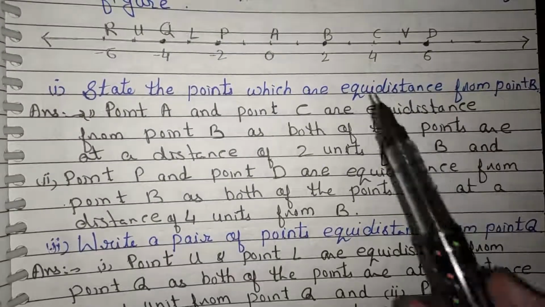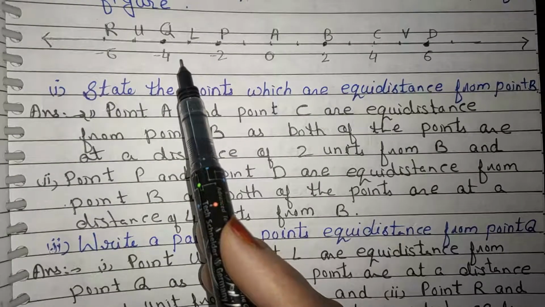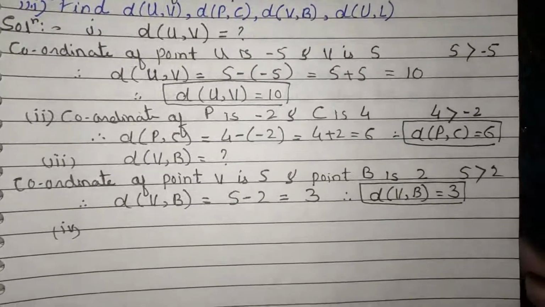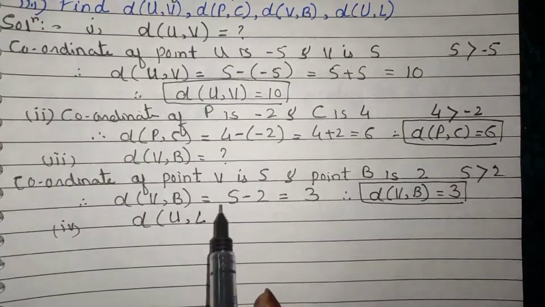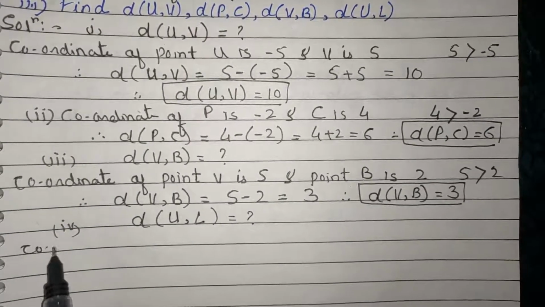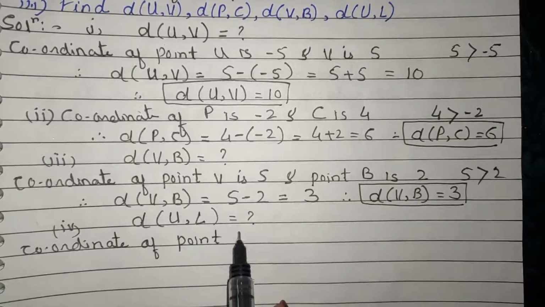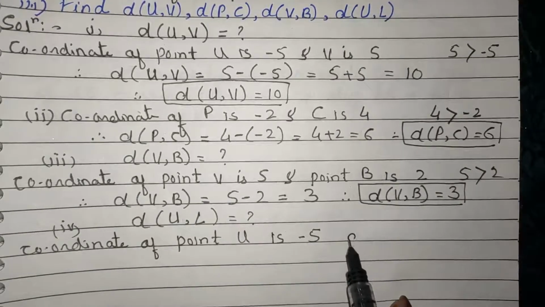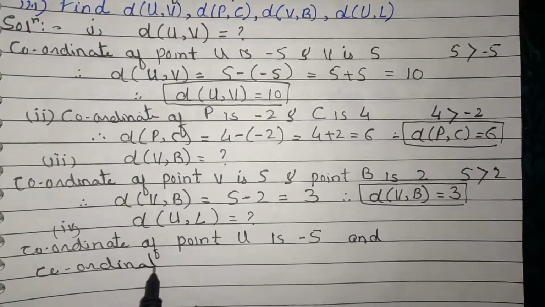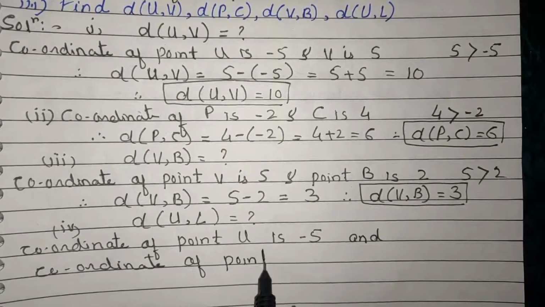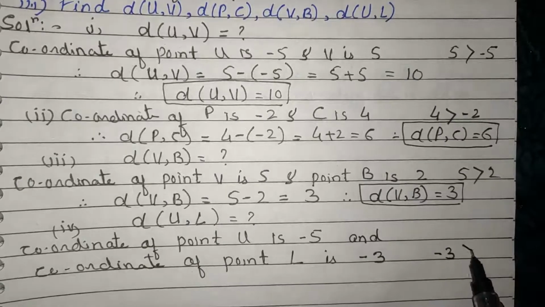Now look here, the coordinate of point U is -5 and the coordinate of point L is -3. Here -3 is greater than -5.